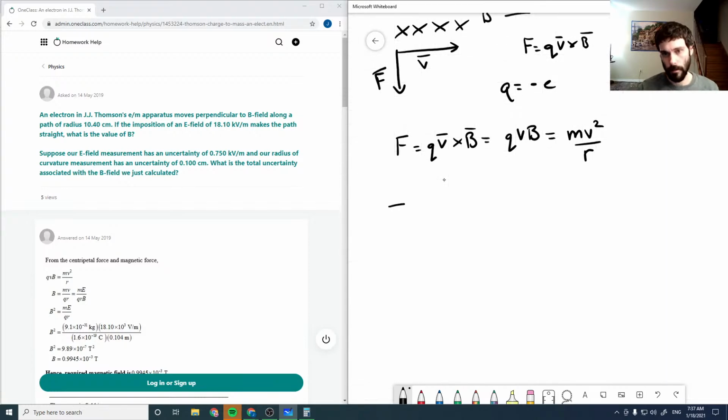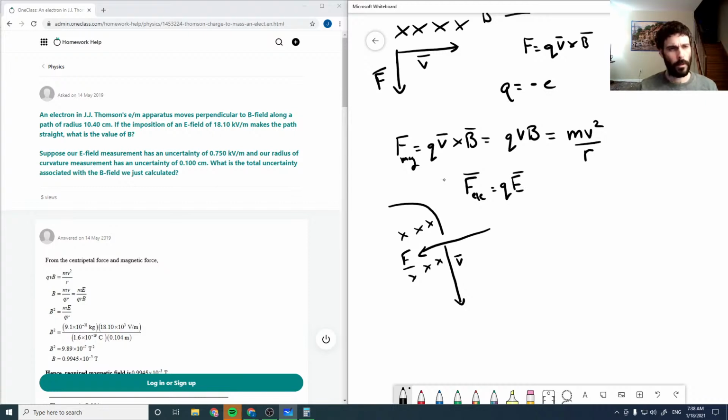So we've got it moving in some circular path, and then we add an E field, which in retrospect I'd have to make this way, which makes the path of the electron straight. The B field is going to want to continue to make it go in a circular motion, but the E field is going to oppose it. So that's a magnetic force, while our electric force is just qE.